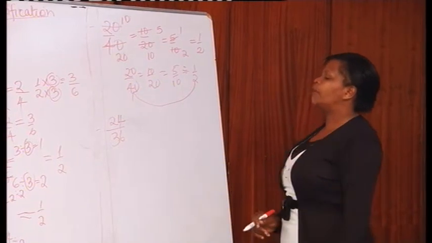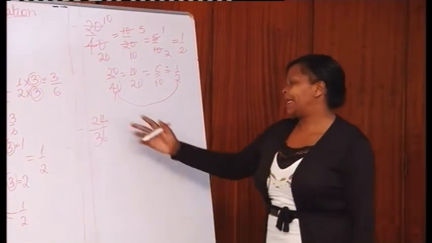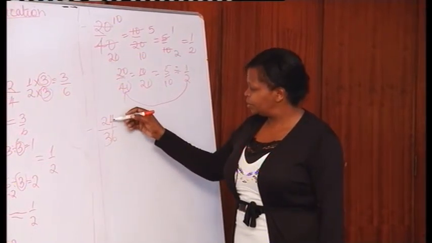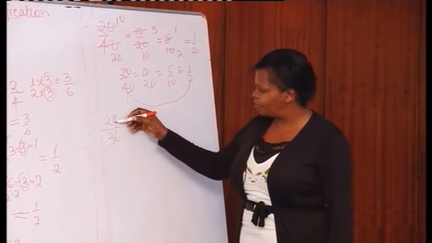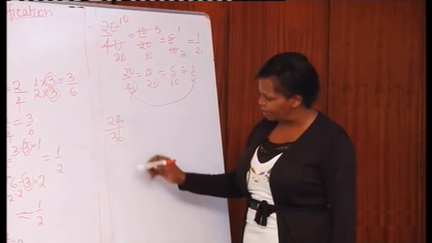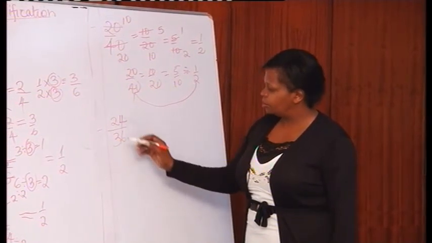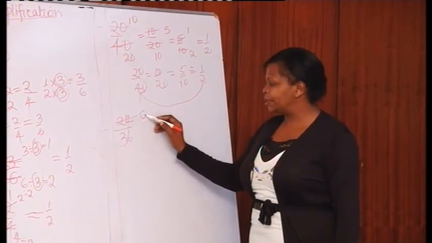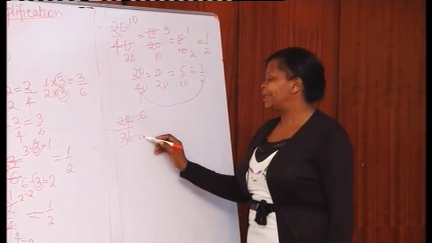I can use a common factor, and I can even use 4, for example, because 24 is divisible by 4, and 36 is also divisible by 4. So by 4, we get 6, and by 4, we get 9.